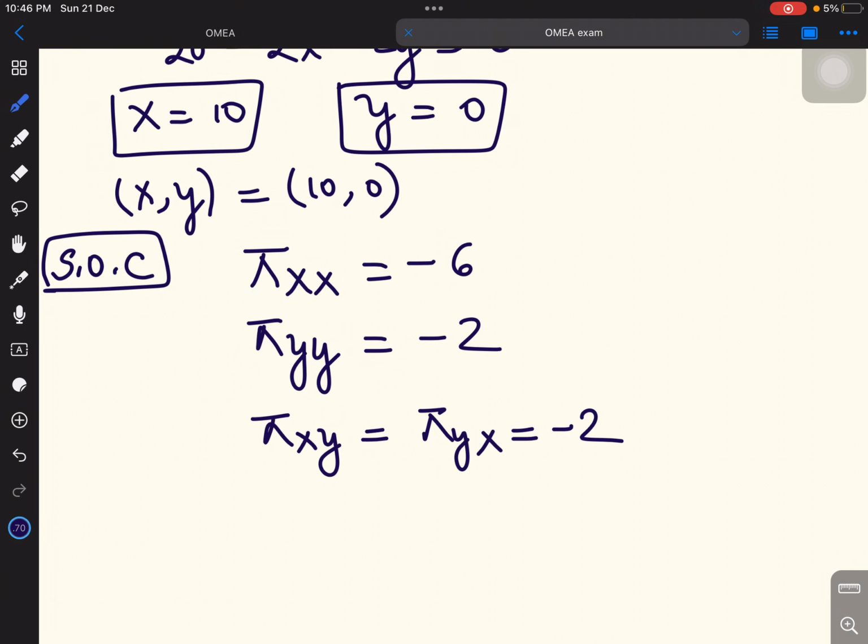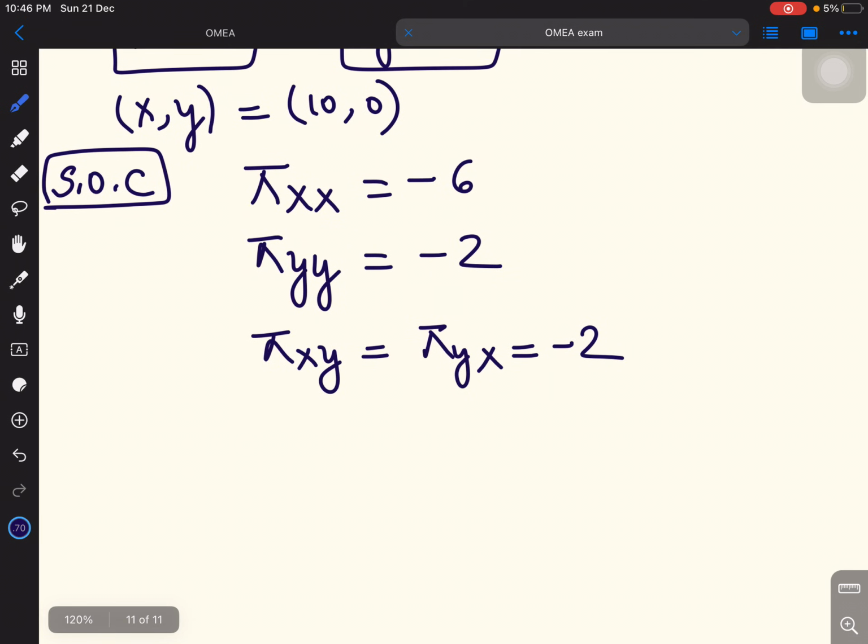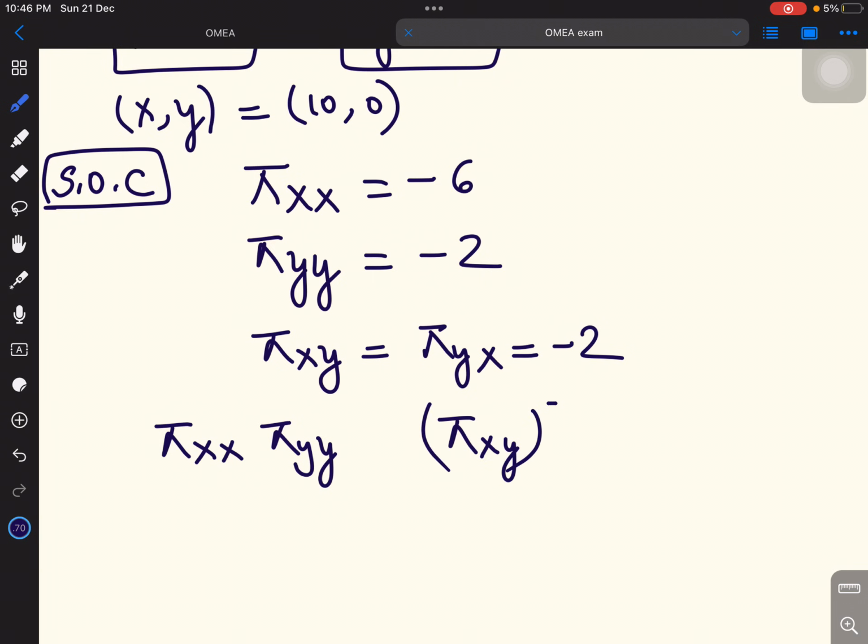Now by using the conditions, let's see pi xx, pi yy, and comparing it with pi xy whole square.